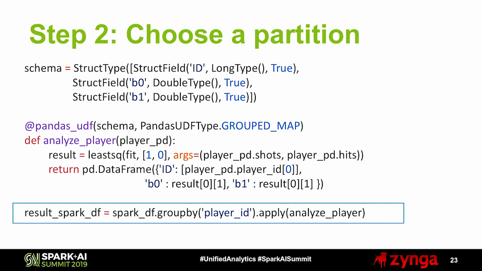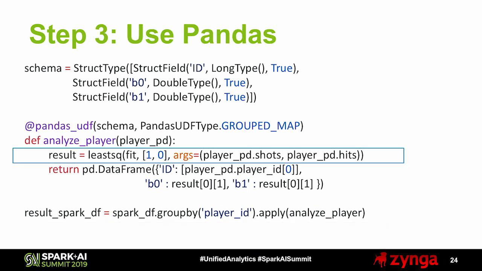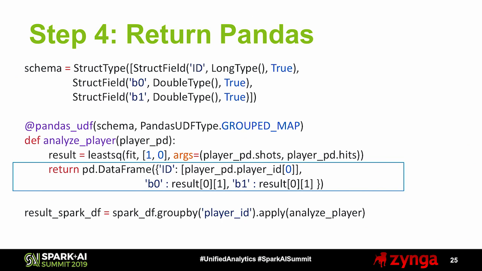The next step is it calls the analyze player function, which is defined here. And this is where we're actually taking an input Pandas data frame. So player PD is a Pandas data frame that we are operating on. And at this point, we can actually call NumPy or any other functions that operate on Pandas data frames directly. Here we're getting the result, which is a set of coefficients. And then the final step is actually returning a Pandas data frame.